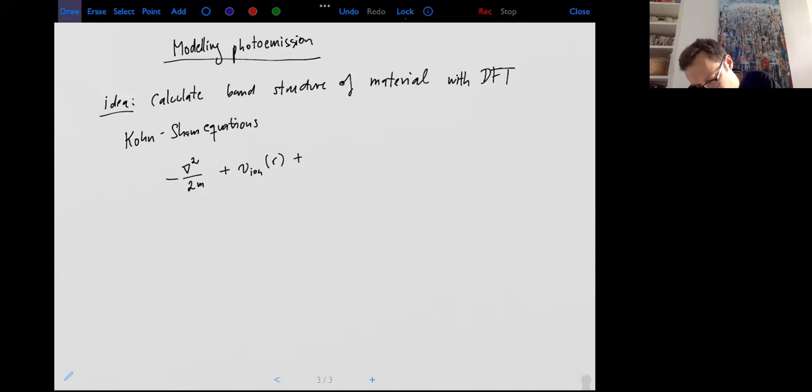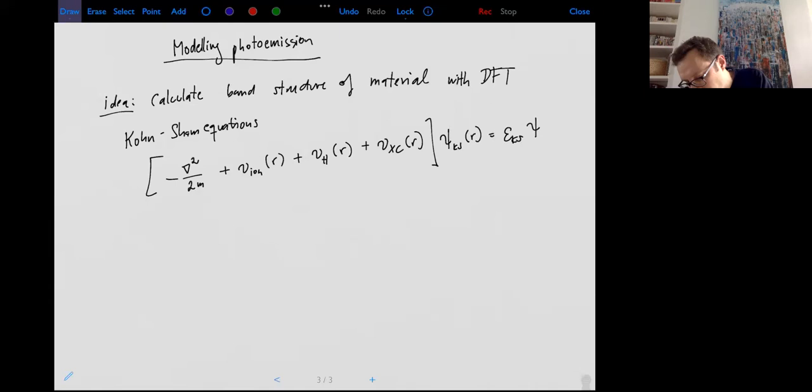Then you've got the Hartree term, which basically describes the electrostatic repulsion of the electron with the electronic charge density. And then there's, of course, this exchange correlation term, which is complicated and we have to approximate somehow. So that is the Kohn-Sham equation. And when we solve it, we get these Kohn-Sham energies and Kohn-Sham wave functions.